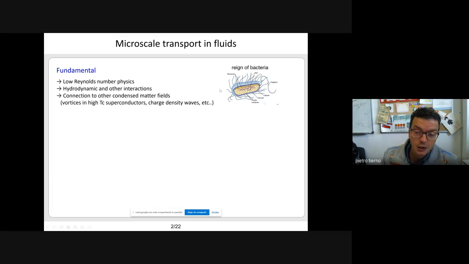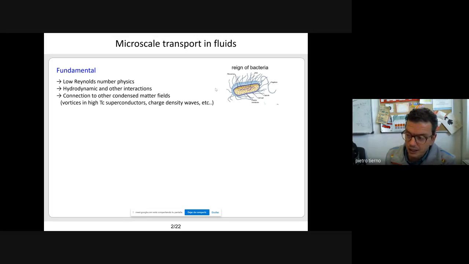As you can see, interesting interactions arise, like hydrodynamic and steric ones, which do not have a real counterpart in the atomic world or in the macroscopic one. You also have a direct connection to other condensed matter systems, like type-II superconductors. You have vortices, which are overdamped systems, where from the point of view of the dynamics you can use the same overdamped equation of motion to describe them, as with charge density waves, and so on.